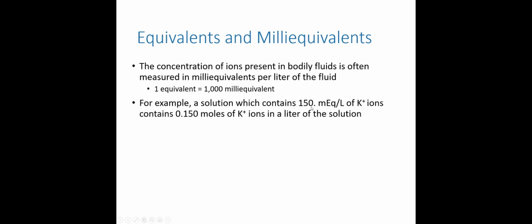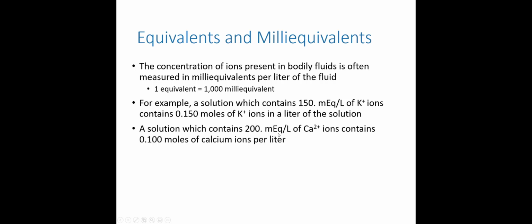So what we want to be able to do here is translate these concepts to words. So if we see that we have a solution that has 150 milliequivalents per liter of potassium, what that means is that there are 0.150 moles of potassium ions in a liter of the solution.